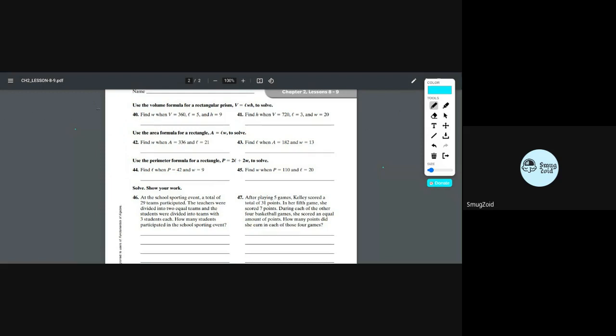All right. So this one says find W when the volume is given. So the equation, first off, is volume equals length times width times height.